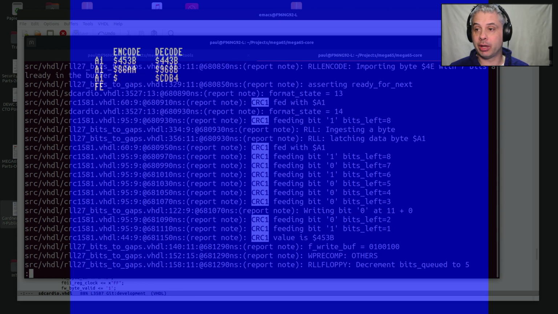That would explain why that first 453B is wrong, because it's had time to feed one bit through and then it gets marched on. Yes. So the RLL encoder buffers 2 bytes and immediately allows the next byte to be written. So that means that these bytes are getting pumped through, and there is indeed not enough time for the CRC to calculate them.